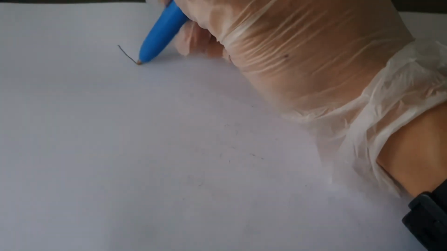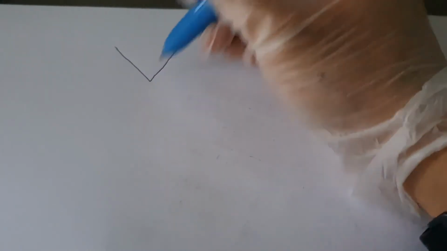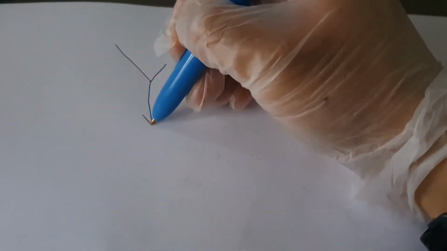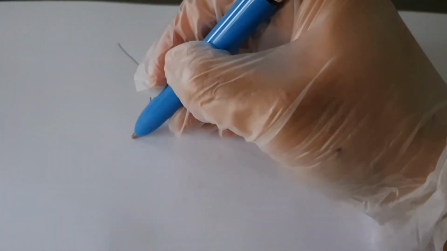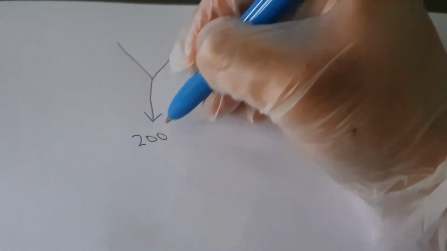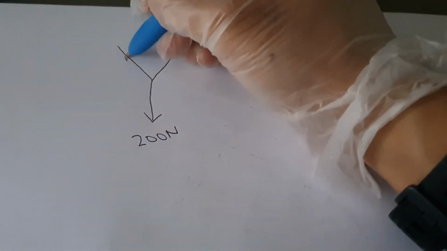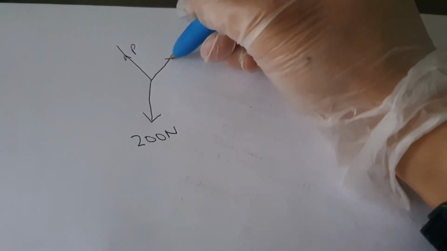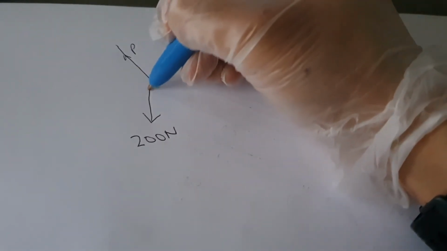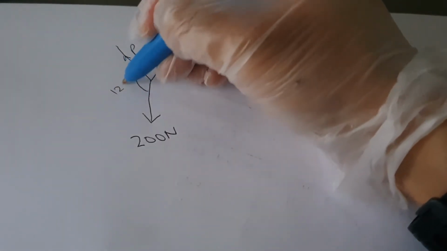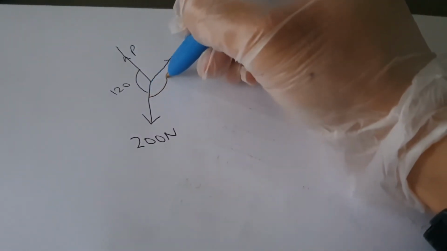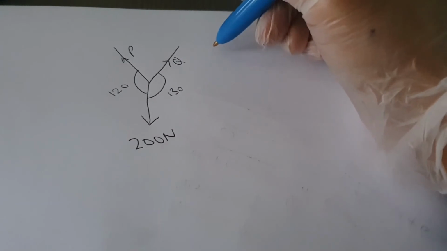So let's draw. So here you have, let's just say we have 200 newtons as the weight. And you've got two forces, P and Q. This is at an angle of 120. This is at an angle of 130. And here this is in equilibrium.